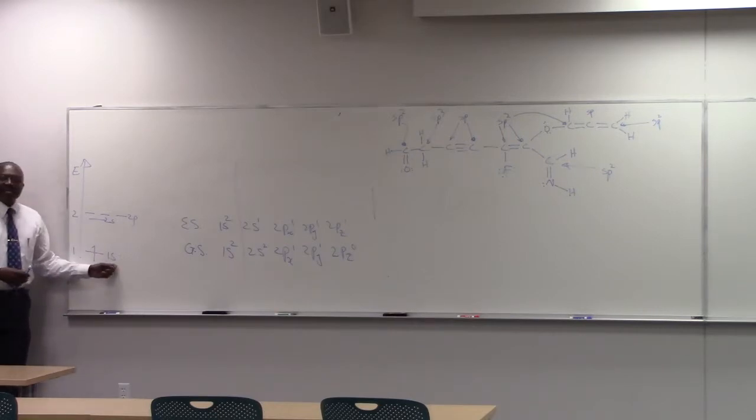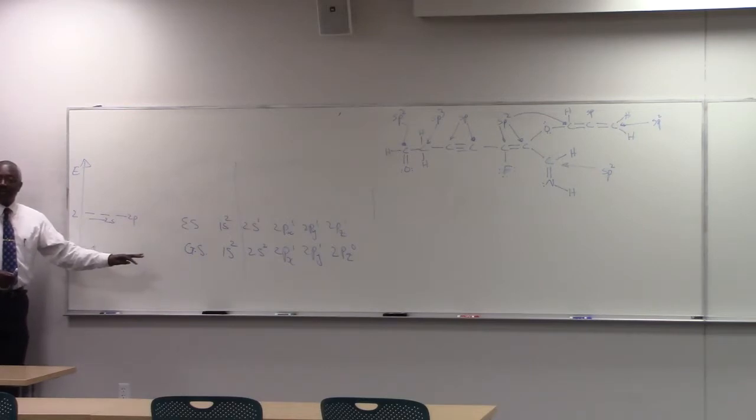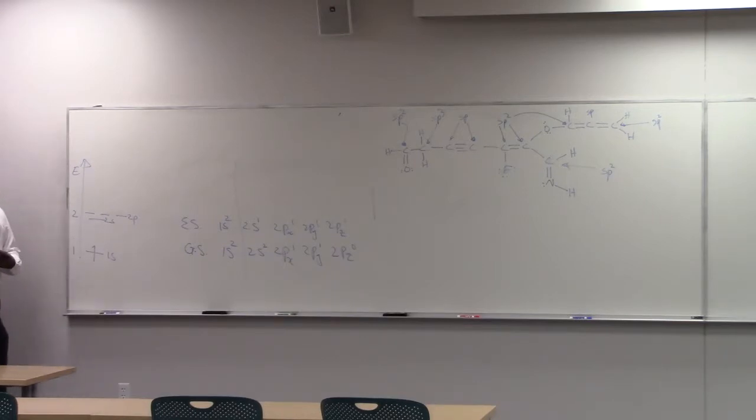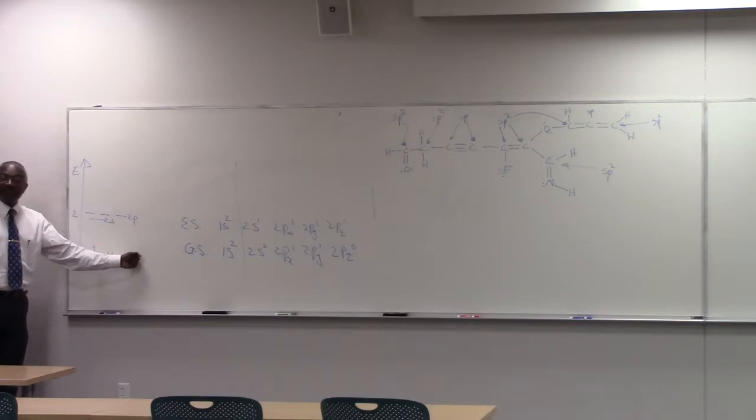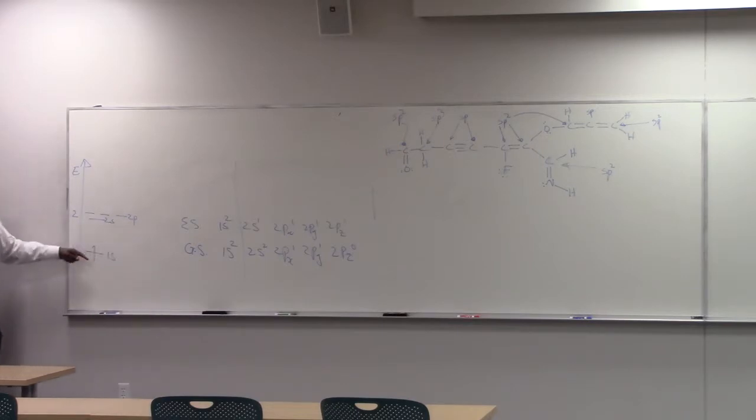However, in the first energy level, there are no other orbitals beyond the 1s. So there's nothing else for the 1s orbital to mix with. There are no partners in the first energy level. And of course, the gap between 1s and 2s is significant, so they would not be complementary because the energy gap is too big.